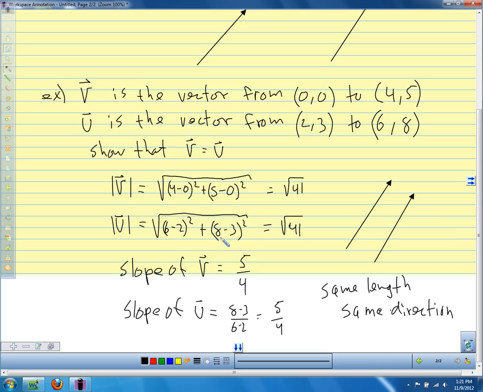All right, questions on when vectors are equivalent and about the length of a vector? All right, so vectors just tell us we have a certain length, we're moving in a certain direction. Distance formula, sure.